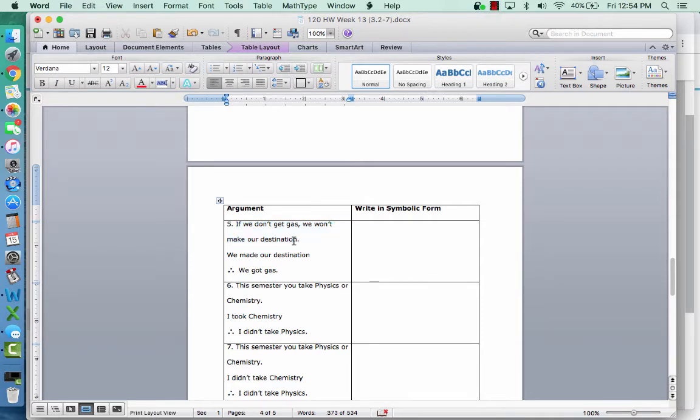Usually it's just very simple, just define the first part of the compound statement to be P. So P is we don't get gas. And Q is going to be we won't make our destination.